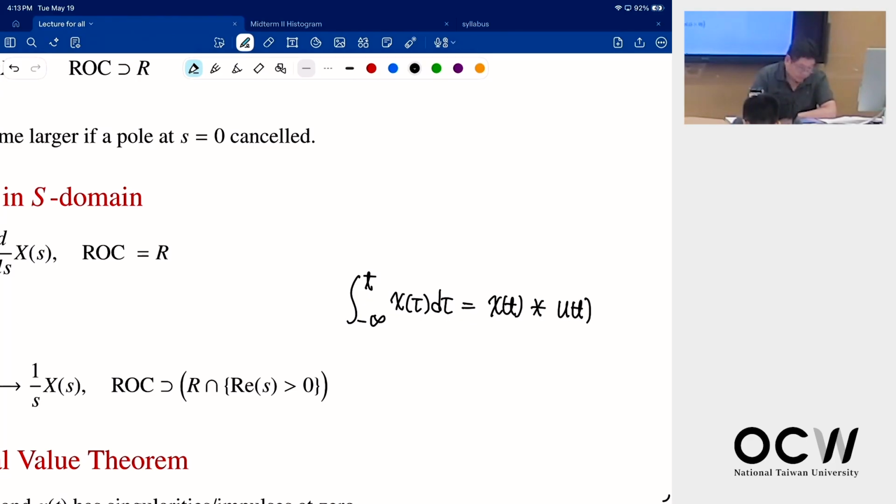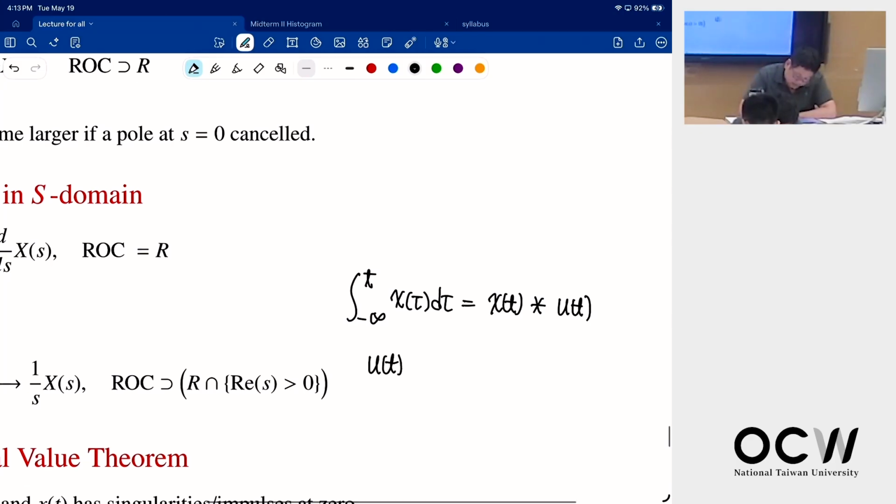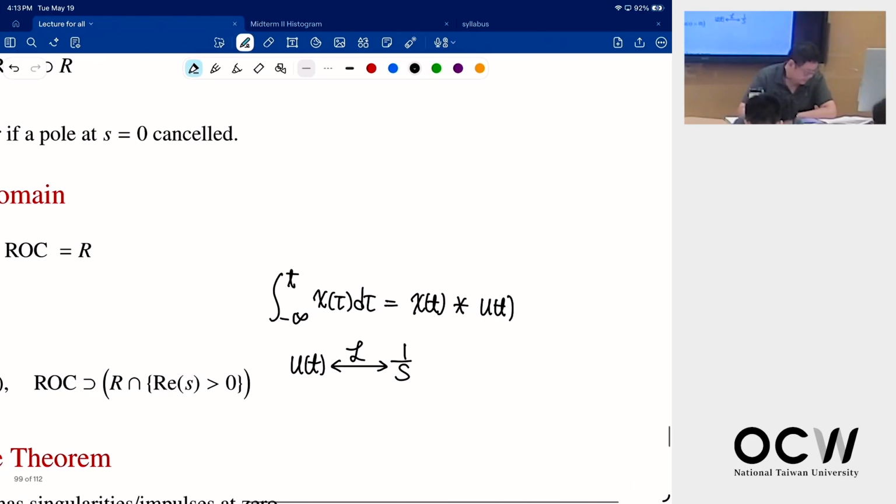Okay, and the unit step function's Laplace transform is 1 over s. And then the region of convergence is greater than 0.